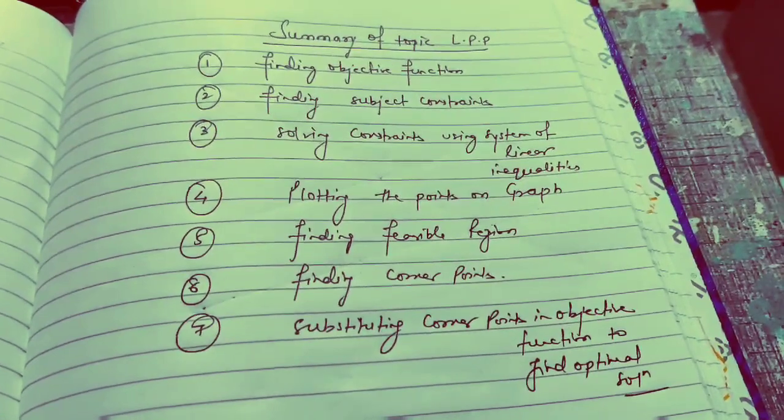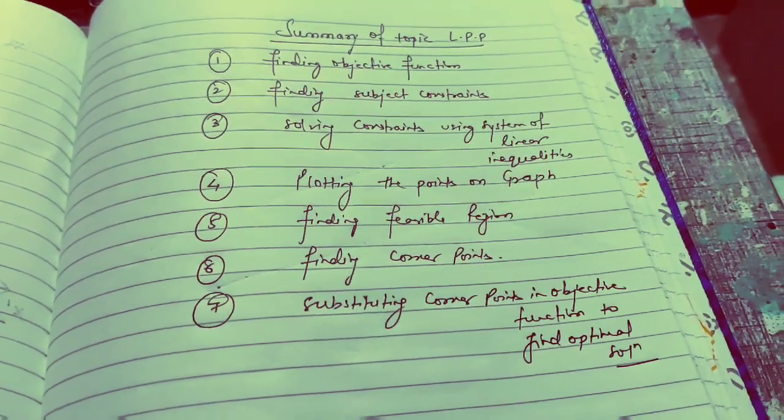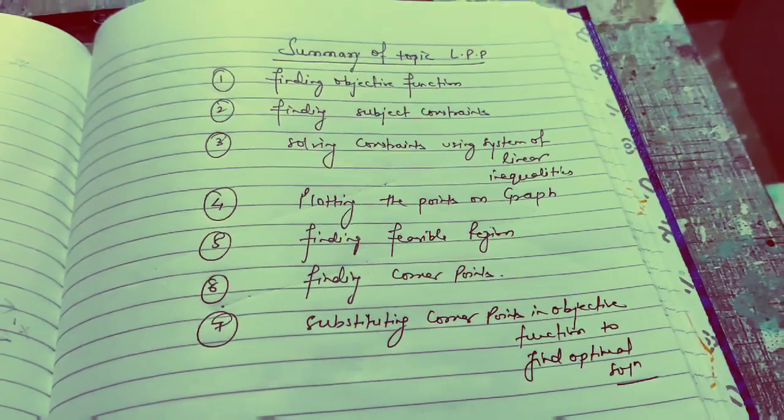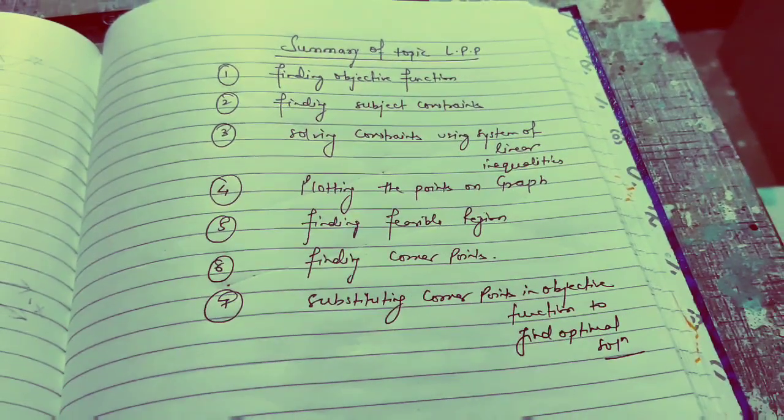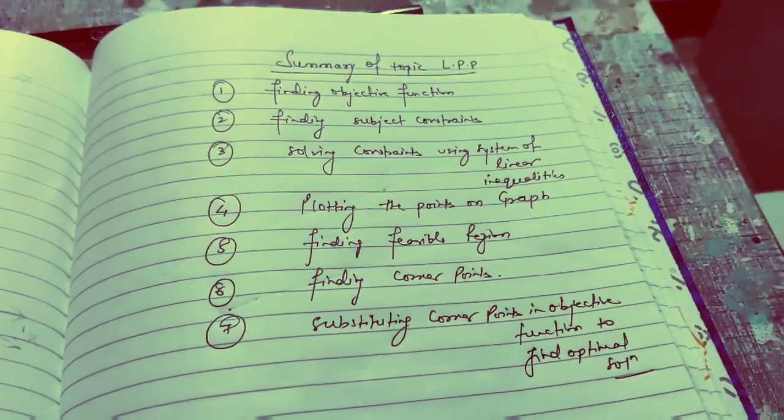So the most important thing is that we need to form the equations or inequalities, and then to solve them, we have to draw the graph, and then find the corner points to evaluate our objective function and find our optimal solution.